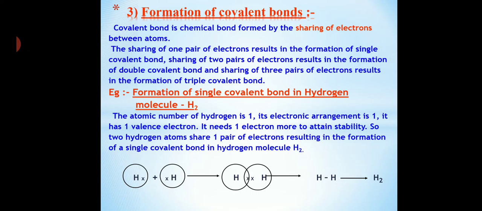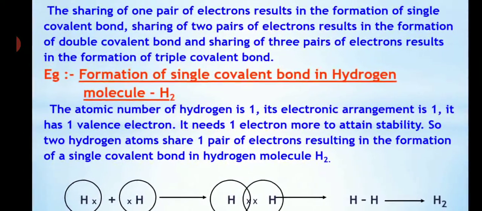Similarly, sharing of 2 pairs of electrons results in the formation of a double covalent bond. 2 pairs means 4 electrons. And sharing of 3 pairs of electrons results in the formation of a triple covalent bond.